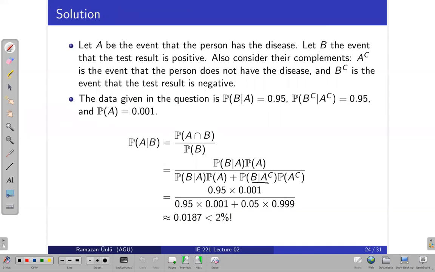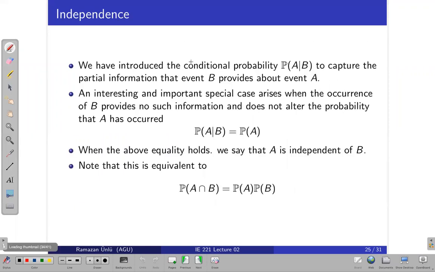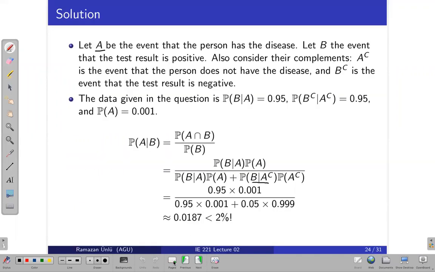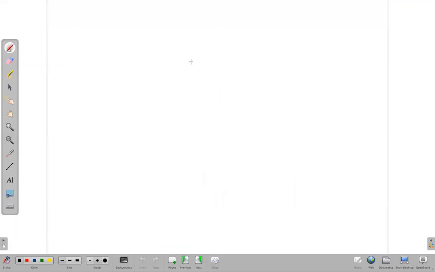So let A be the event that the person has the disease, and let B be the event that the result is positive. Let's draw this again. Let's say this is A, and A is has disease.